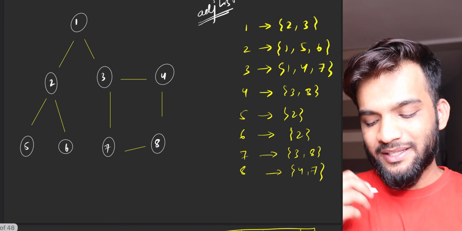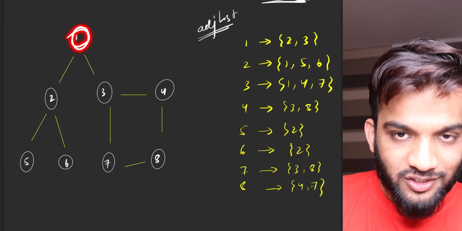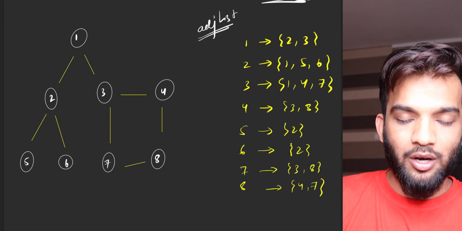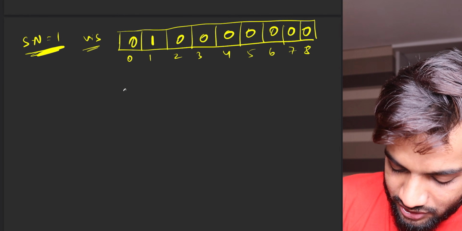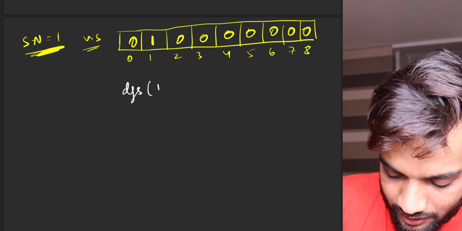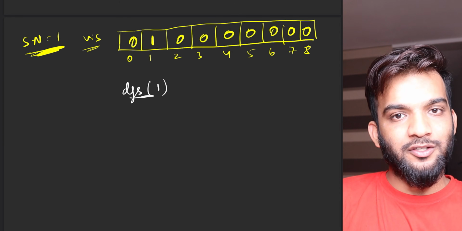Done. What will be the next step? Remember this. The next step is, whatever is your starting node, you call a recursive DFS function from that. Now what you will do is DFS of 1, I'll write the code somewhere.